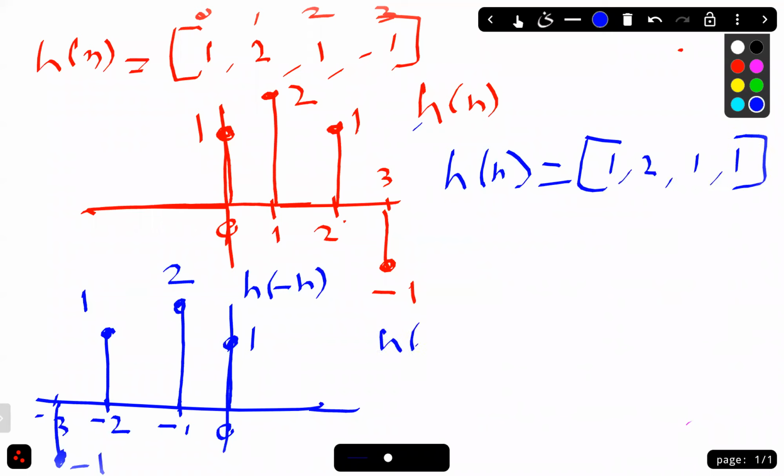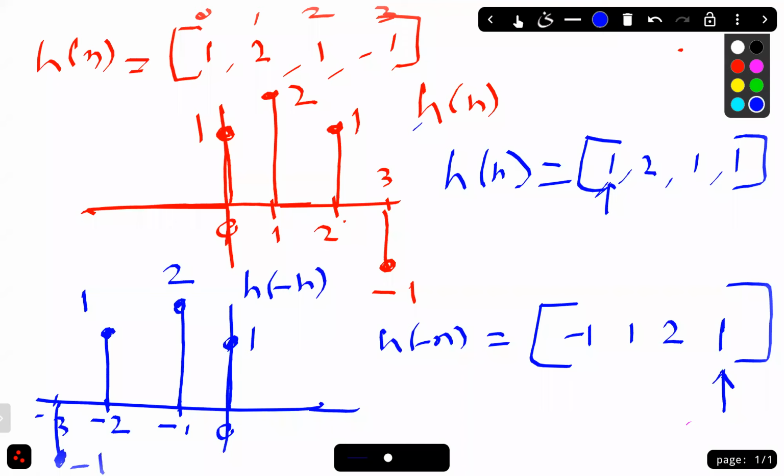H of -n is equals to, तो इसका एरो यहाँ पे है और इसका एरो यहाँ पे आता है. सो ऐसा उल्टा लिख के दिखाता हूँ. यहाँ पे एरो आ गया, तो उल्टा अगर लिखेंगे आप -1 1 2 1. आया समझ में? येस सर. कळालं? Yes, sir. Still any confusion here? अजून काय डाऊट आहे का इथं फोल्डिंग करायचं कसं म्हणून?